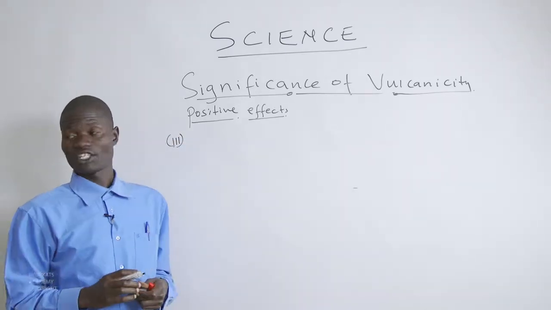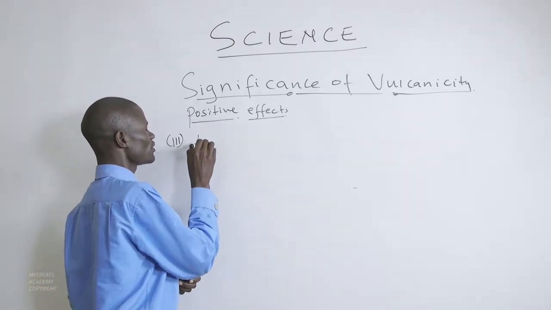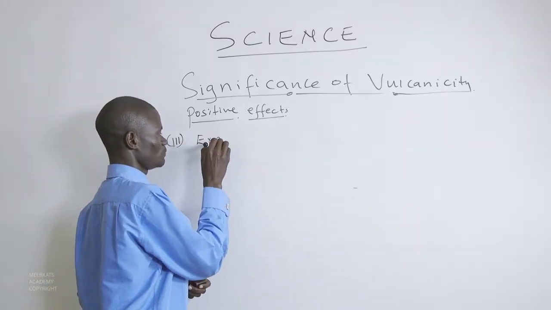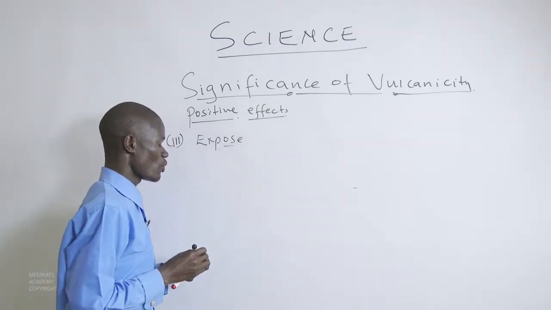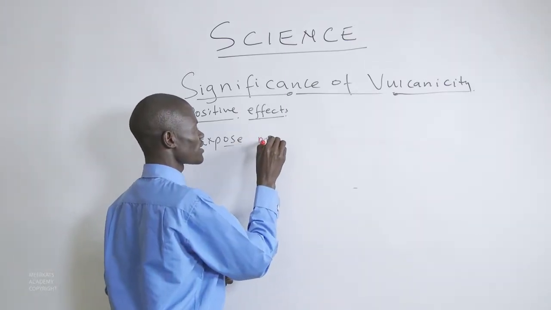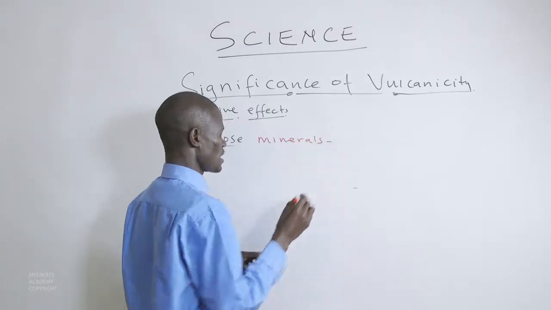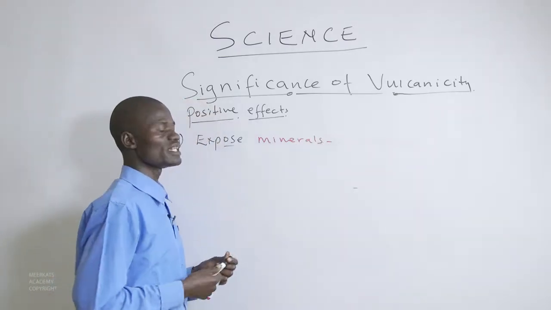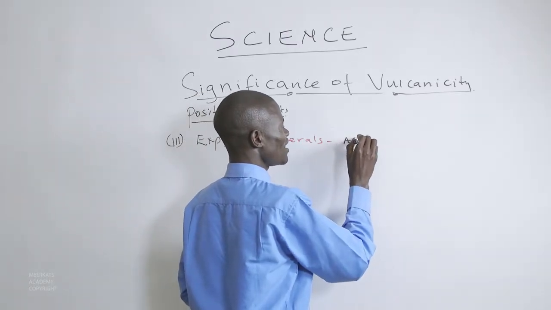When we look at another one, during volcanic eruption, the minerals are exposed. What happens? Volcanicity exposes minerals, and as a result, those minerals are now accessible.